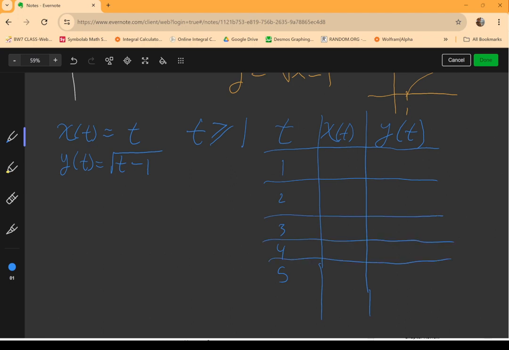X of t is just t, so this is still 1, 2, 3, 4, 5. And then here, y of t: 1 minus 1 is 0, square root of 0 is 0. When I plug in 2, 2 minus 1 is 1, square root of 1 is 1. When we get 3, we get root 2. When we get 4, we get root 3. And then 5, root 4, but that's just 2.